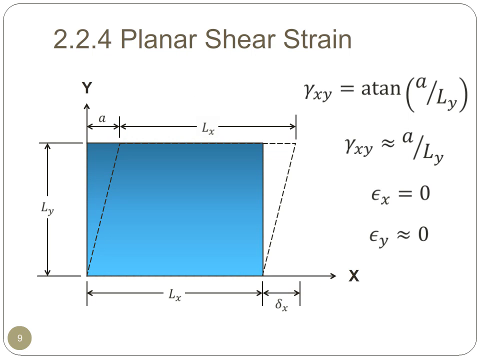In the planar diagram, we can define the shear strain relative to the x and y axes by taking the inverse tangent of the length A divided by the length Ly. If we make the small angle assumption, this is equal to A over Ly. In this diagram, the normal strain along the x and y axis is 0, since the lengths along these axes isn't changing.